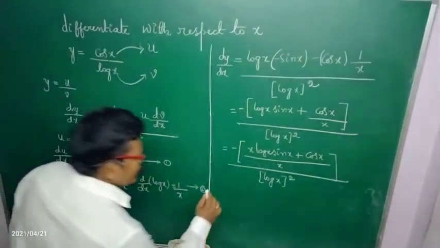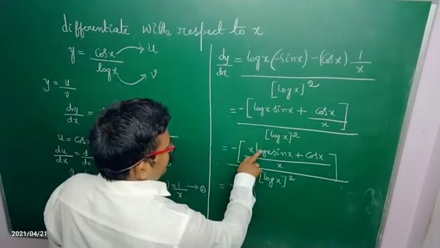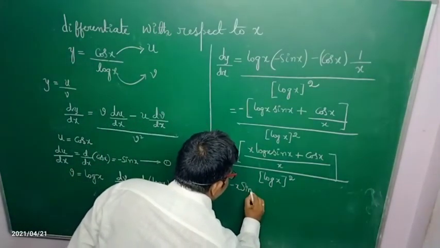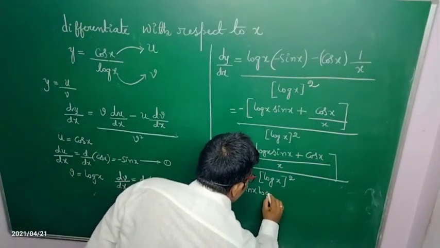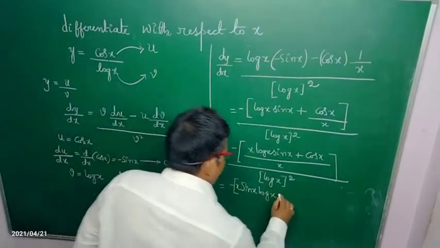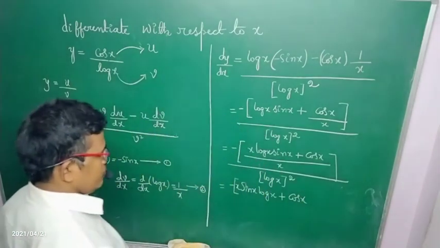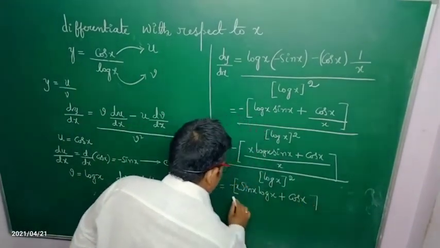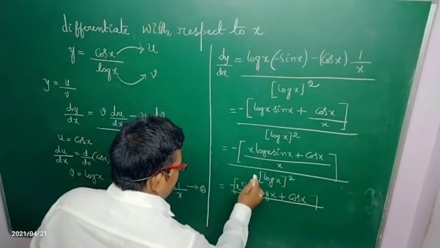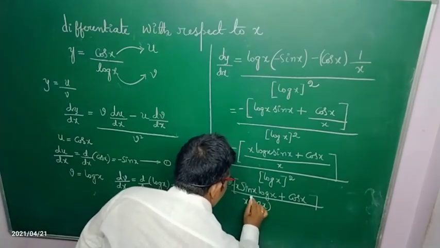Now this can be written as minus, you can write log x sin x or sin x log x. So minus x sin x log x plus cos x by x log x whole square.